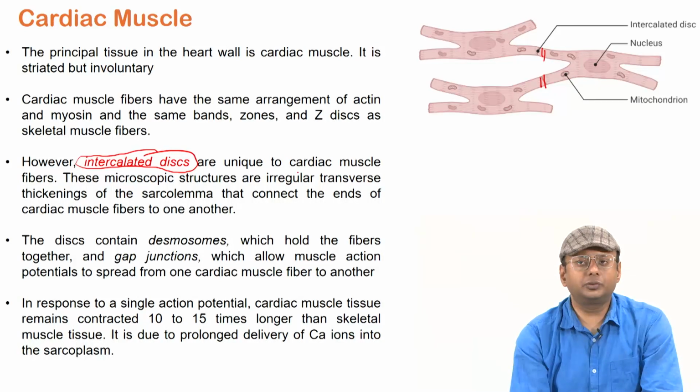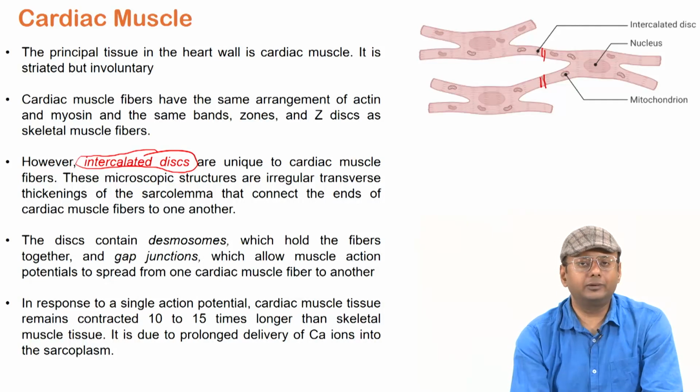These microscopic structures are generally irregular transverse thickenings of the sarcolemma that connect the ends of cardiac muscle fibers to one another. The disc contains desmosomes that hold the fibers together, and gap junctions. This also allows muscle action potentials to spread from one cardiac muscle fiber to another.